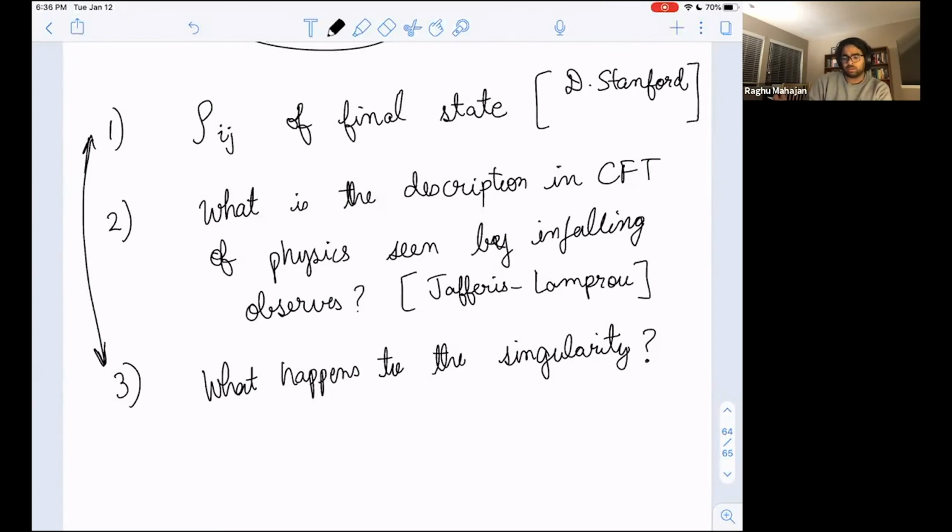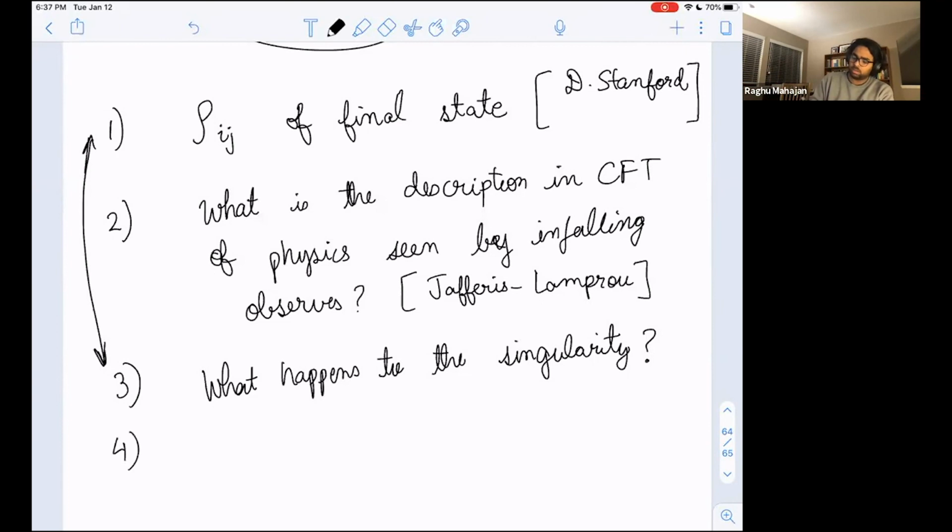He still required some disorder averaging, but he's trying to compute more properties of the state, like some correlation function in this state. But it still requires some disorder averaging. I think these are the big open questions.